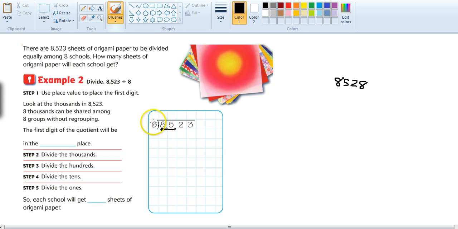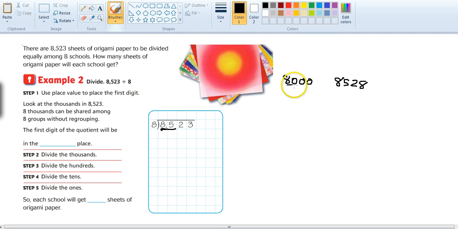And I know when I'm going down my multiples of 8 on my multiplication chart, the multiple of 8 that is just under 85 would be 80, which would be 8 times 10. But it's not 80, right? We need to make that a 4-digit number, so we need to add 2 zeros to that or multiply it by 100. Now we have our 4-digit number of 8,000.